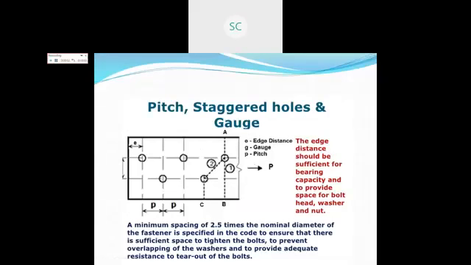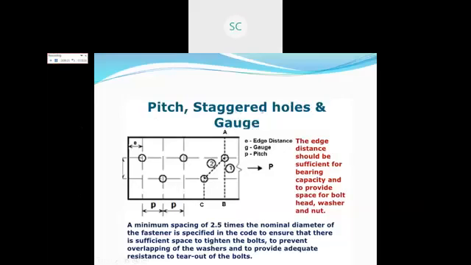So after knowing all the properties of bolt connections, you have to go for the design of connections. There are some definition terms used for the connection, either a riveted connection or bolted connection. So I am showing you, this is an example: pitch, staggered, hole and gauge.